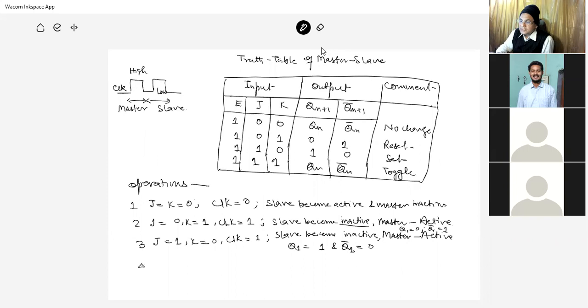And the fourth state is J is equal to K is equal to 1 and clock is equal to 1. So this is known as toggled. Output of master will toggle.